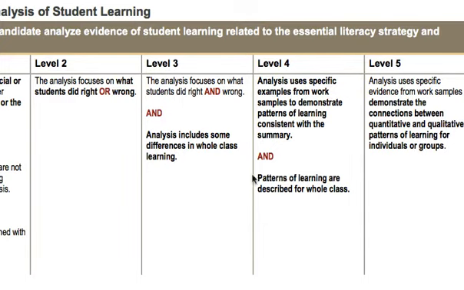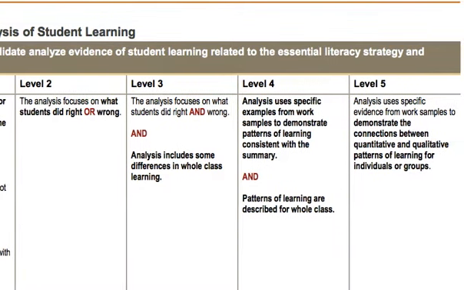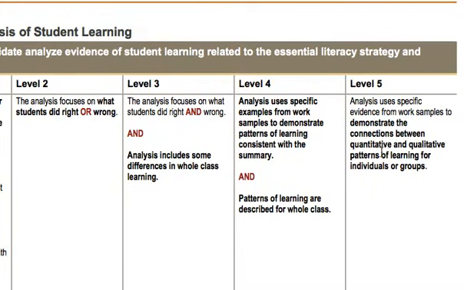Okay, now actually, this is not like the ideal thing. If we look at 5, analysis uses specific evidence from work samples to demonstrate the connections between quantitative and qualitative patterns of learning for individuals or groups. So again, now we're not just talking about the entire class.